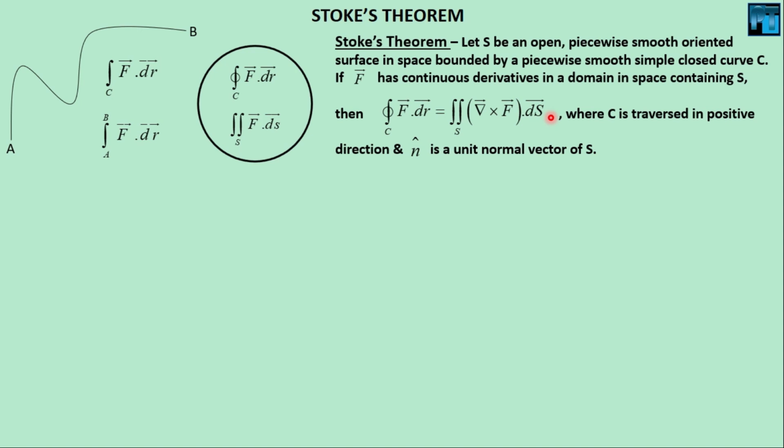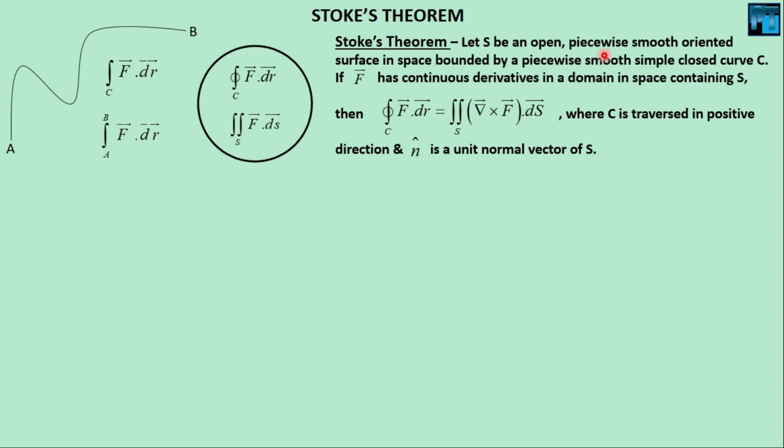Now in this theorem I have used some technical terms like open, piecewise smooth surface and piecewise smooth simple closed curve. I have already explained open surface and closed curve, but what about smooth and piecewise?